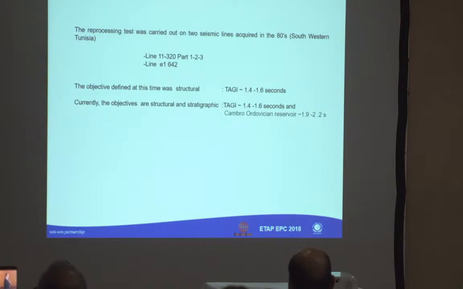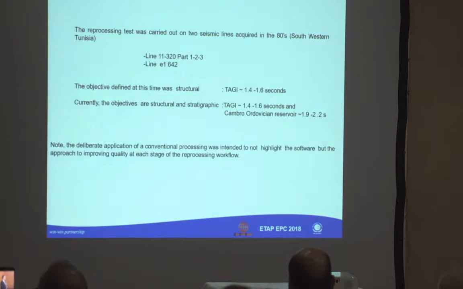Currently, the objectives are structural and stratigraphic between 1.4 and 1.6, of course, and the Ordovician between 1.9 and 2.2. Note, this is very important: the deliberate application of conventional processing was intended not to highlight the software, but the approach of improving quality at each stage of the processing workflow.